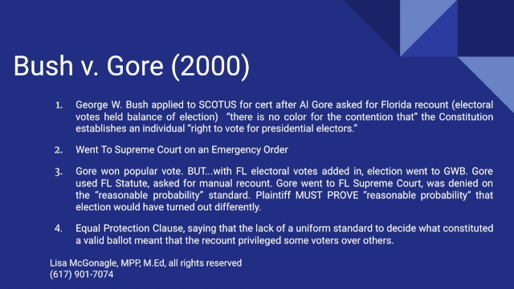And what he was told was that a plaintiff must prove reasonable probability that the election would have turned out differently. And from that, the case went up to the Supreme Court.